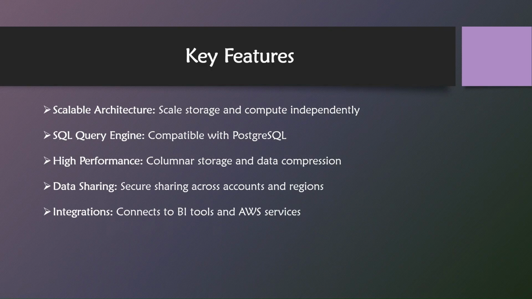It also supports popular business intelligence tools like Tableau, Looker, and Power BI, allowing users to easily visualize and analyze data stored in Redshift. So these key features make AWS Redshift a comprehensive and effective data warehouse solution for organizations looking to perform large scale data analysis in the cloud.